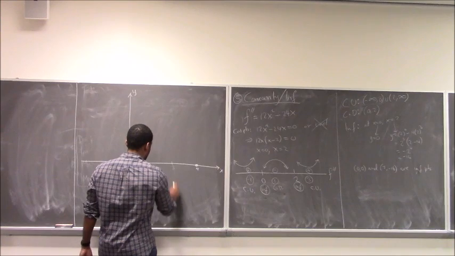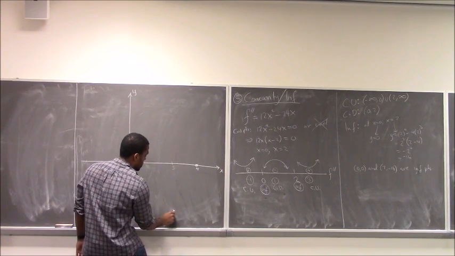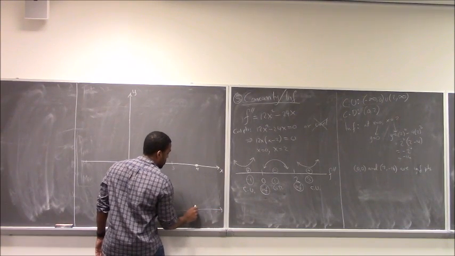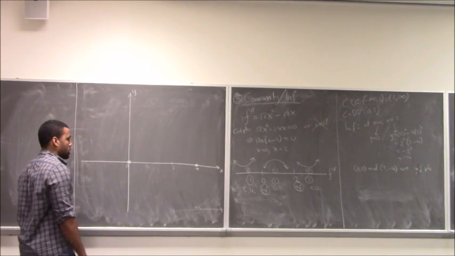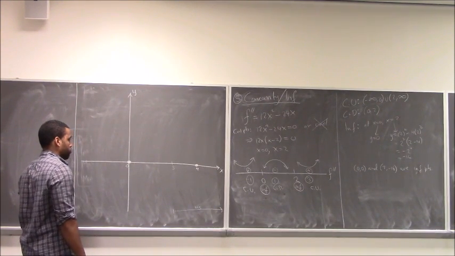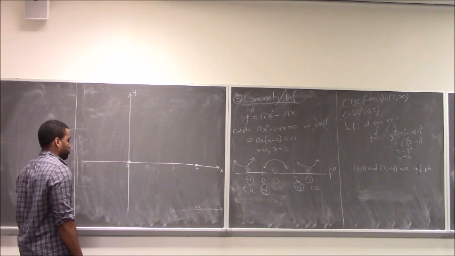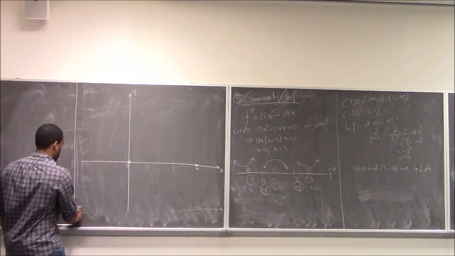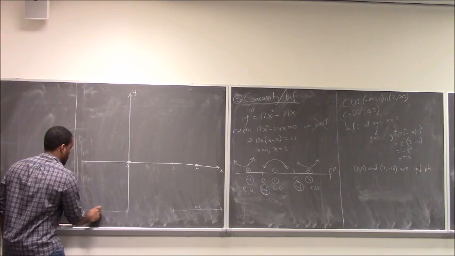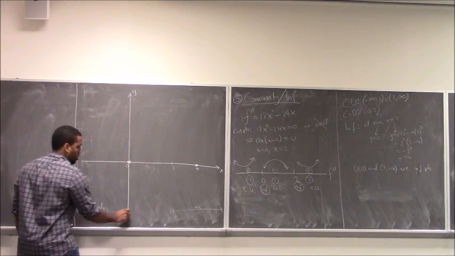So let's draw a little slash there. Here we're increasing. And we were decreasing from negative infinity to 0, so from here all the way up to 0, we're decreasing. And we're also decreasing here.